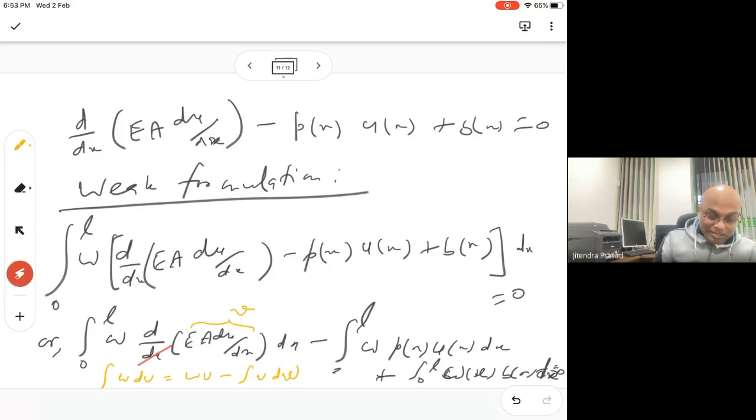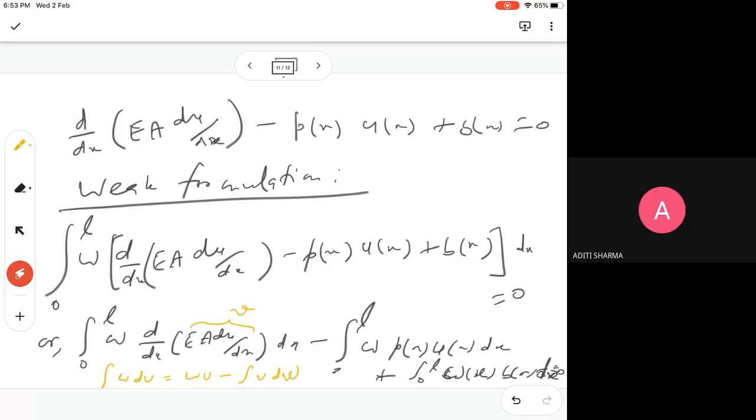Because this and this cancel out, so you have dv. So w dv is equal to w times v minus this times dw. But when you say divided by dx, it automatically divides by dx and multiplies by dx, so that's why the dw over dx term comes. You got it? Yes, sir. Okay.